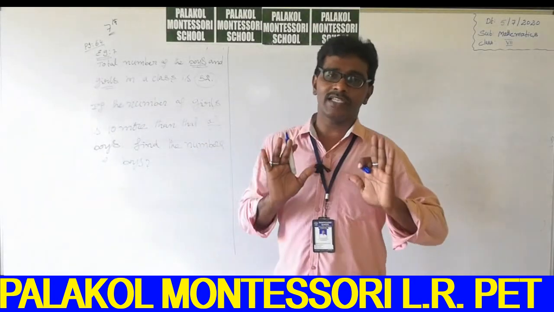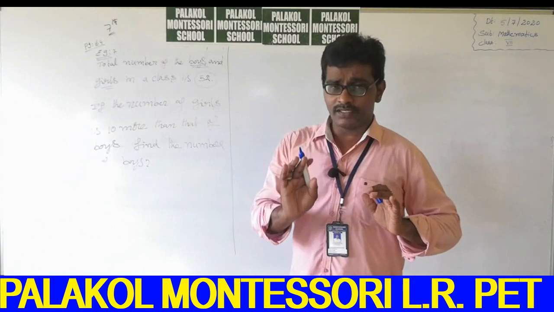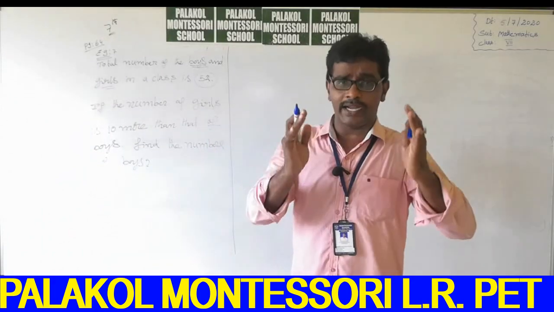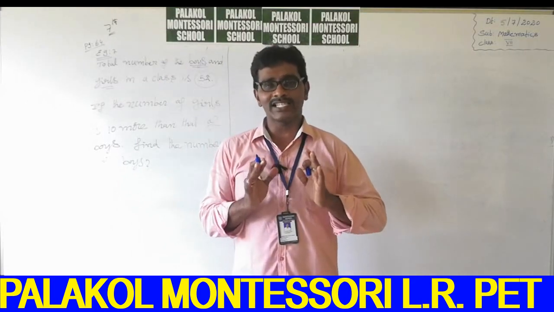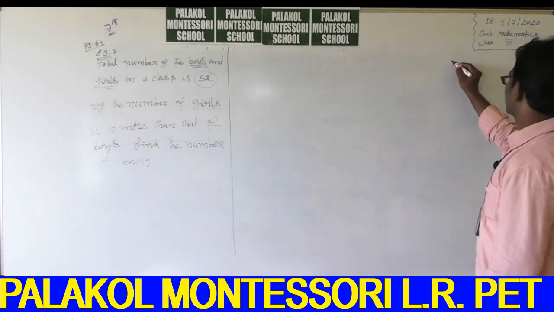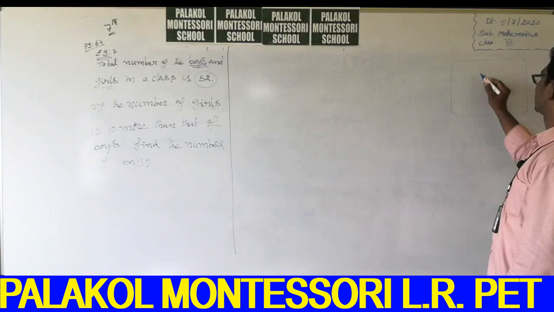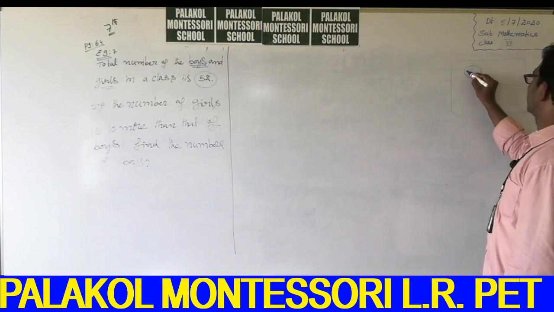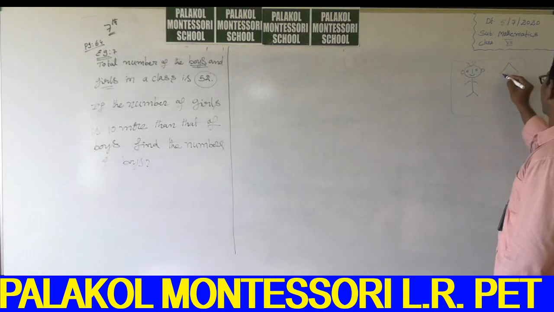Imagine in your mind that you are looking at your classroom. This classroom consists of some boys and some girls. Suppose this is your classroom. Here the boys are, and here the girls are.